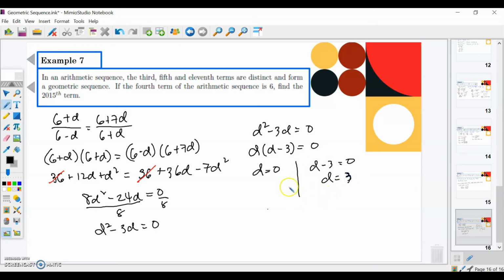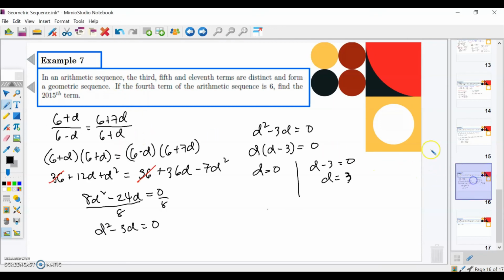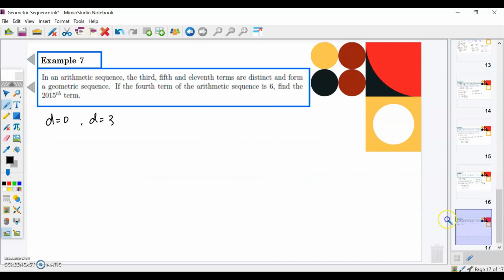Now, we have two values for the common difference. So from our previous solution, we already solved for the value of d, and those are 0 and 3. So now, how are we going to answer the problem? How are we going to find the 2015 term of the sequence?